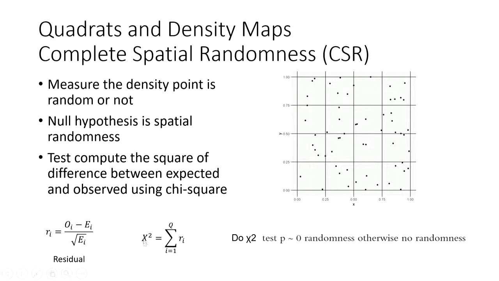If you have a large deviation, there is no matching between CSR and the events, and we say the process is not random. Not random means the process may be completely regular or completely clustered, but it is not completely random.